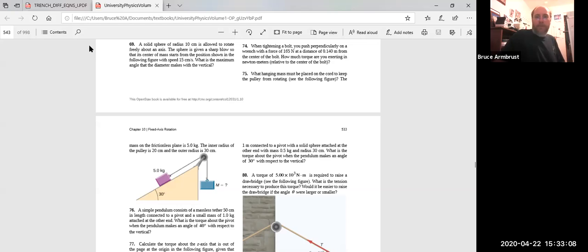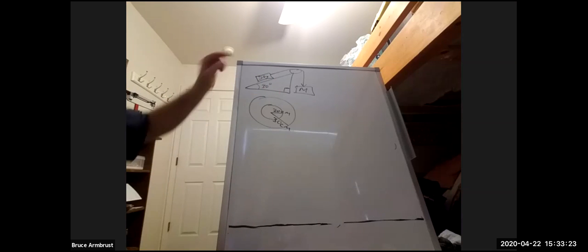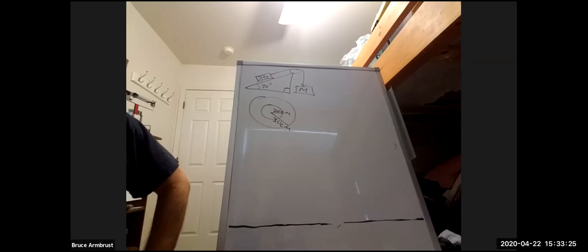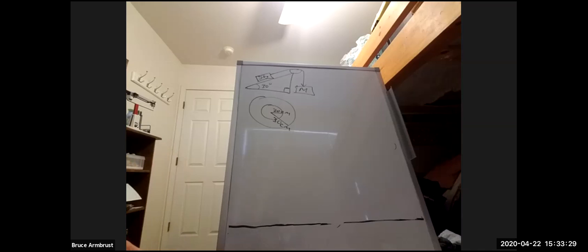Okay, so let me stop sharing here. So here's our picture. I kind of zoomed in on the pulley just so that we can see it a little bit better. But we've got the mass hanging from the pulley, and what we want is for this thing to be stationary.